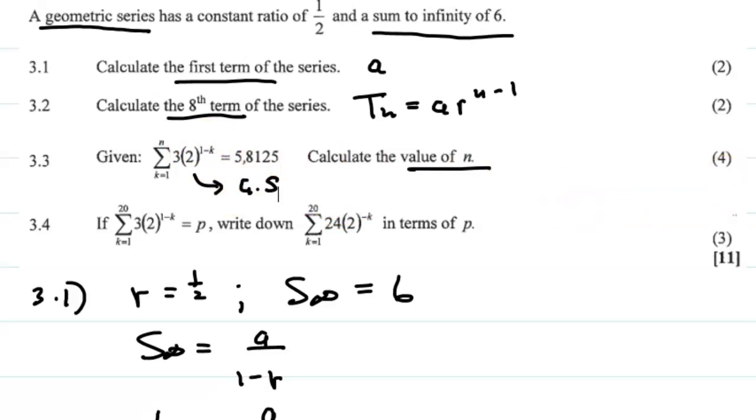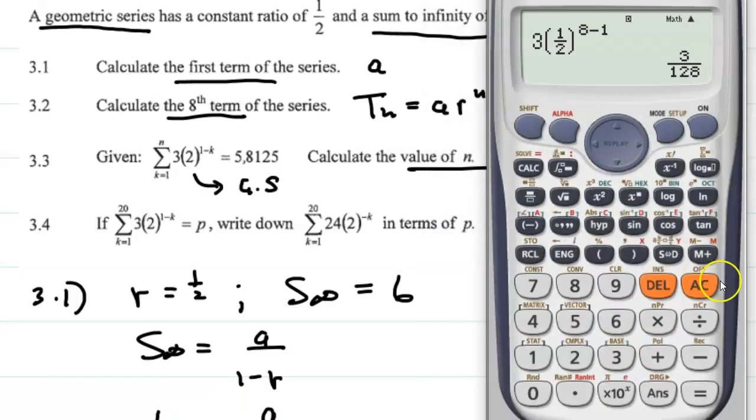Now let's write down the first 3 terms. We need to substitute into this formula: 3 times 2 to the 1 minus k. Don't forget to start from where k starts, which in this case is 1. So it's 3 times 2 to the 1 minus 1, which equals 3. So my first term is 3.